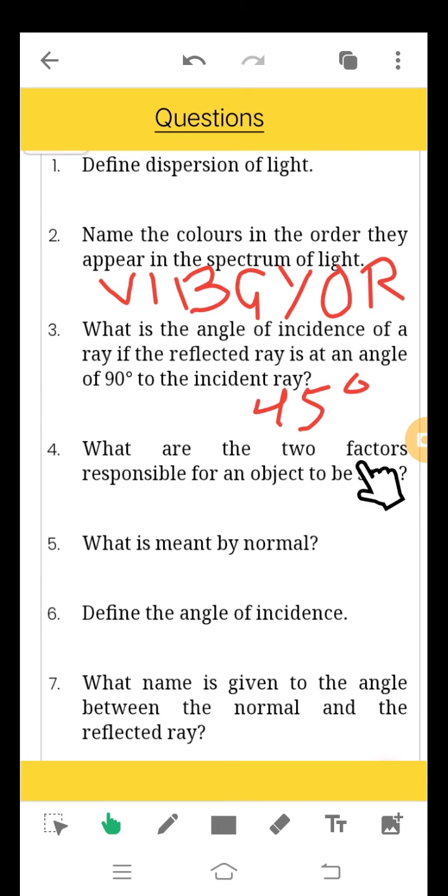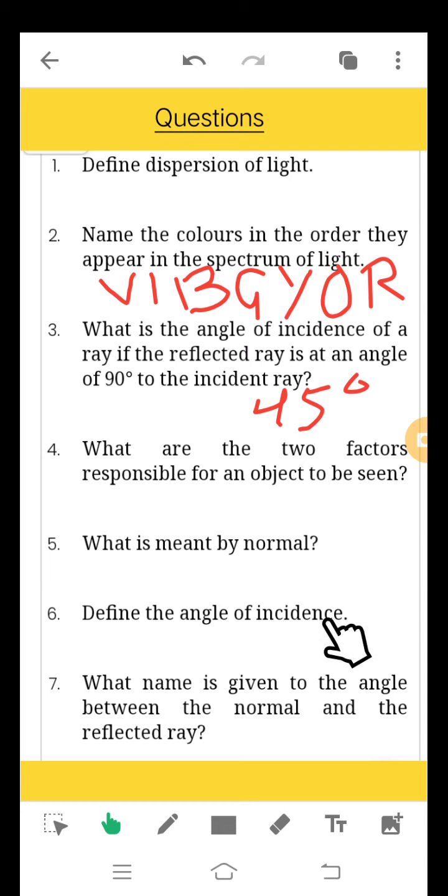Question 4. What are the two factors responsible for an object to be seen? Here, first of all, the person needs vision, and second, light. Presence of light is important. Question 5. What is meant by normal? Normal is a perpendicular drawn at point of incidence.